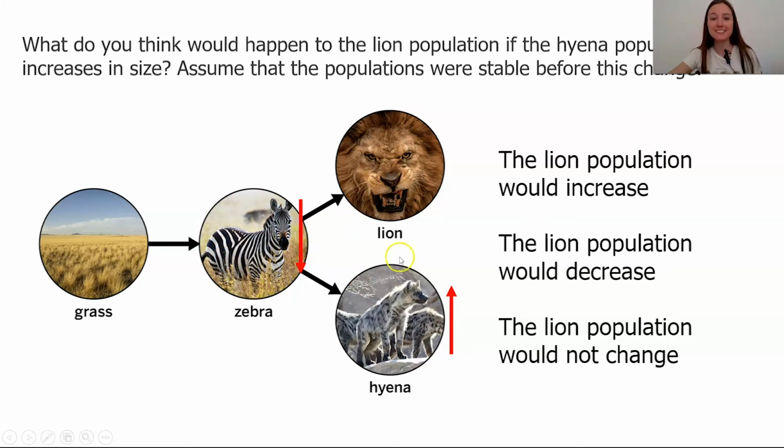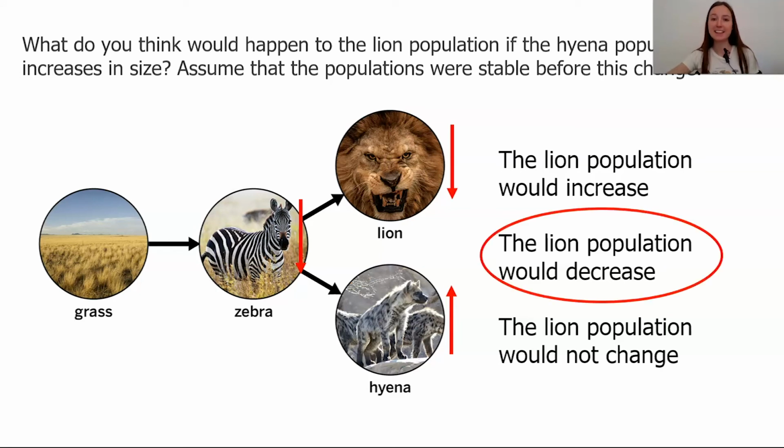Now, because these are in competition, the lions are also getting their energy storage molecules from the zebras. When these decrease, they have less energy storage molecules available to them. That means the lions are going to have fewer births, and that will cause a decrease in their population.